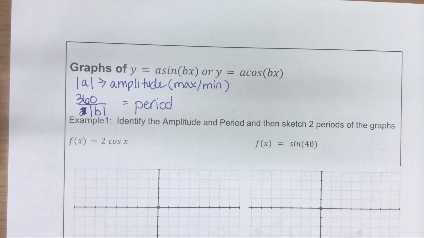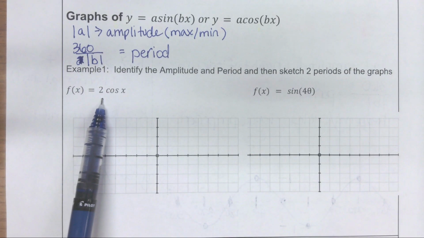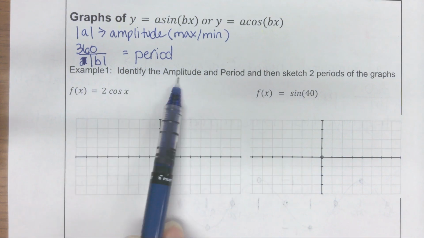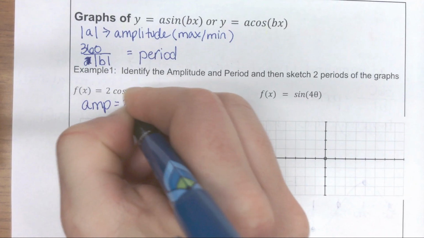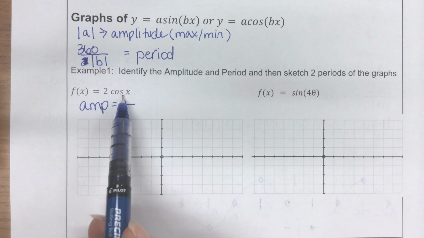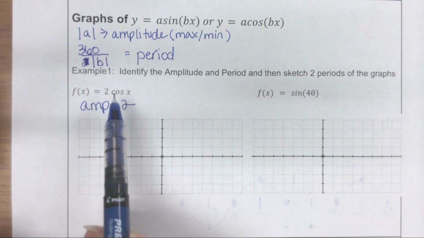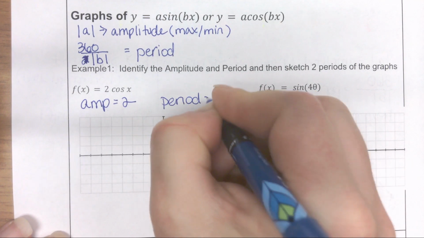All right, first example. What if I changed this to 2? Identify the amplitude. The amplitude is 2. Do you see that there's nothing here? Well, there's a 1 there. The period is just still 360.